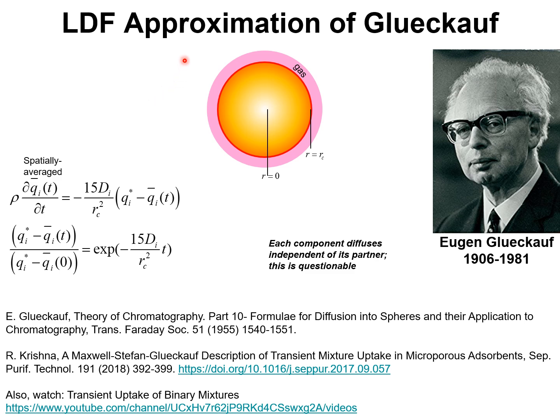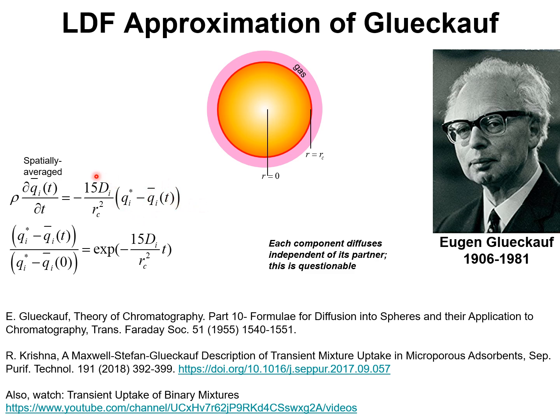In the LDF approximation for transient uptake within particles developed by Glueckauf in his 1955 classic paper, the transient development of the spatially averaged loading at time t is written as a linear function of the driving force for transport that is considered to be the difference between the equilibrium loading and the spatially averaged loading.